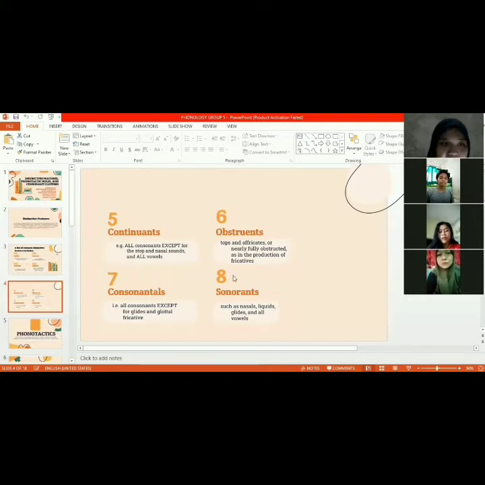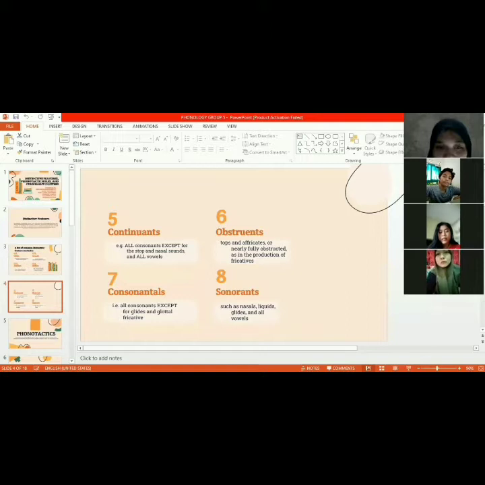Consonantals are consonants produced with an obstruction in the vocal tract. All consonants are included, except for glides and glottal fricative.